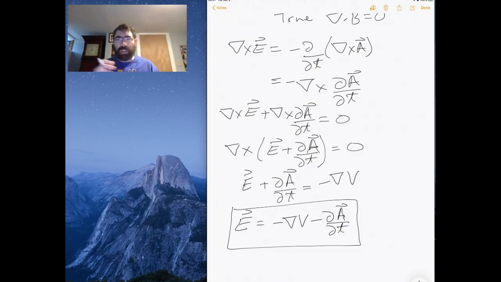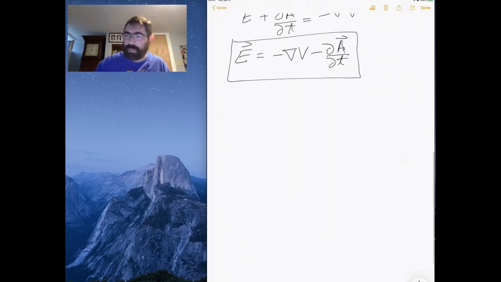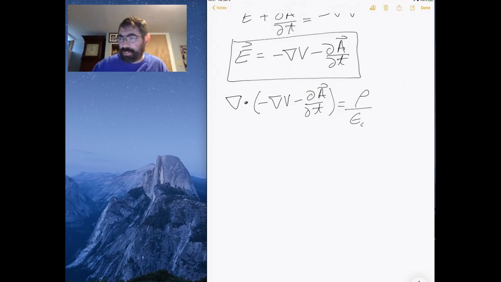So now if I take this, plug it back into Maxwell's first equation, which is Gauss's law, I then have the divergence of the electric field is equal to the charge density divided by the permittivity, epsilon naught.